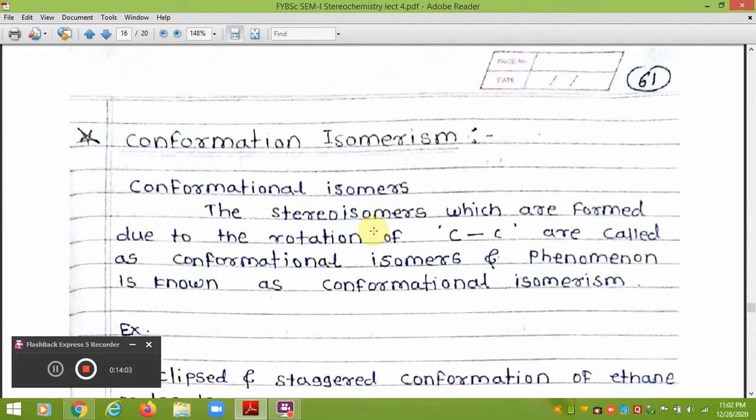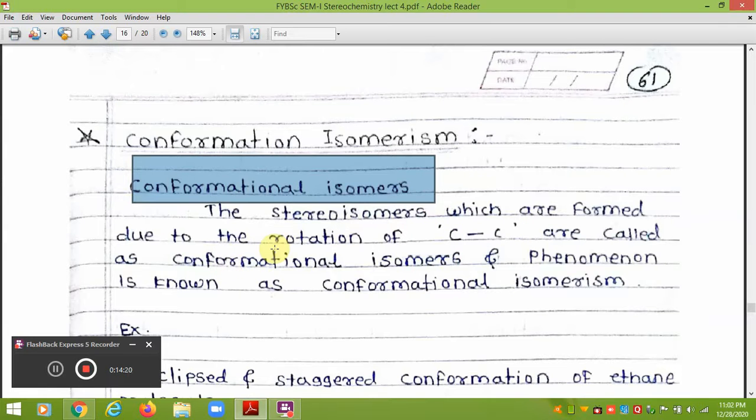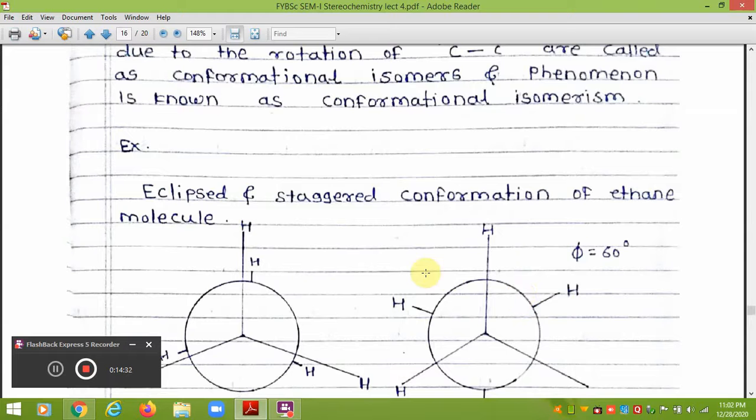These conformational isomers are the stereoisomers which are formed due to the rotation of the carbon-carbon single bond, and the phenomenon is called conformational isomerism. So due to the rotation of the carbon-carbon single bond, we are getting different structures, different stereoisomers. These are called conformational isomers, and the phenomenon is called conformational isomerism.